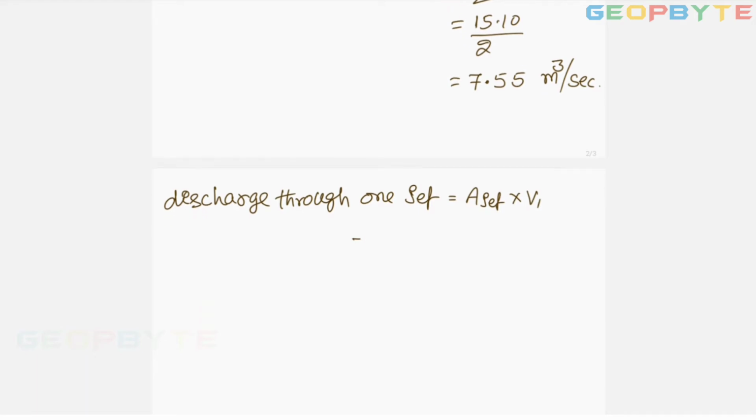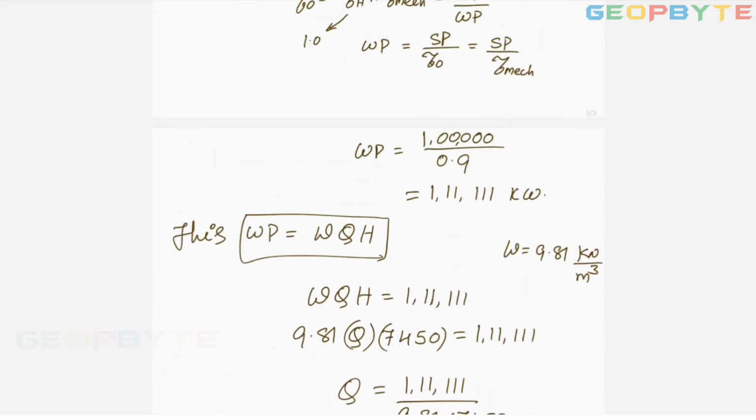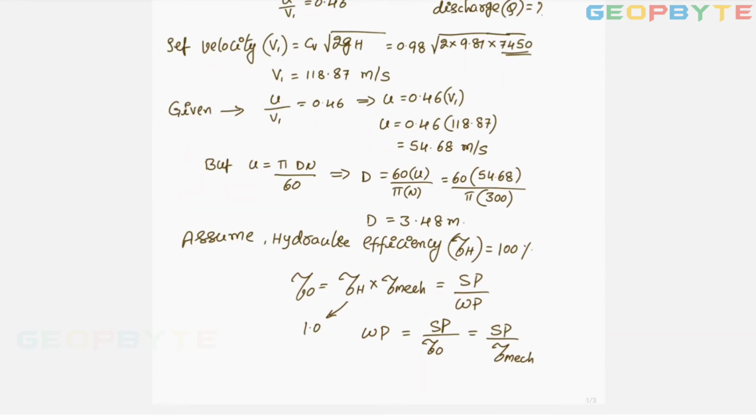So discharge 7.55 must be equal to pi by 4 into square of the jet diameter into V1. Look at the V1, V1 I got is 118.87.